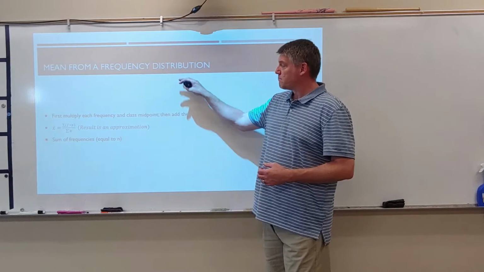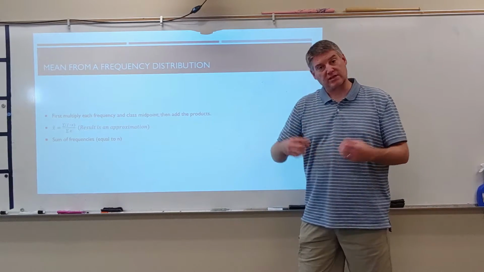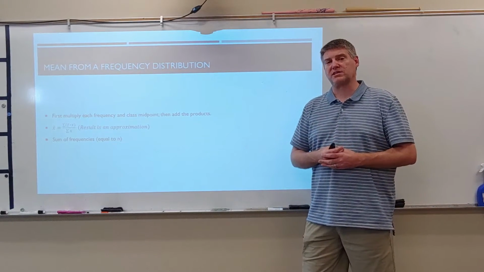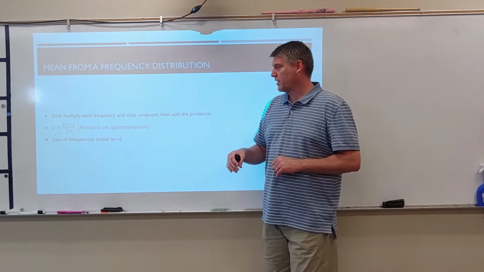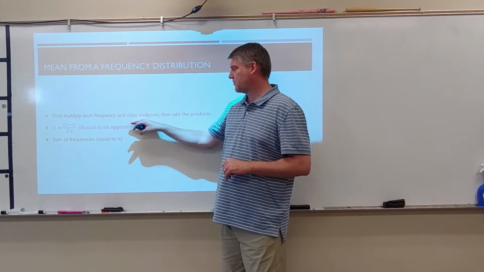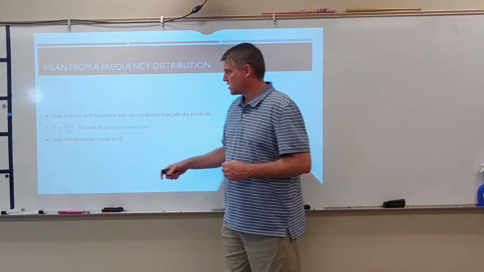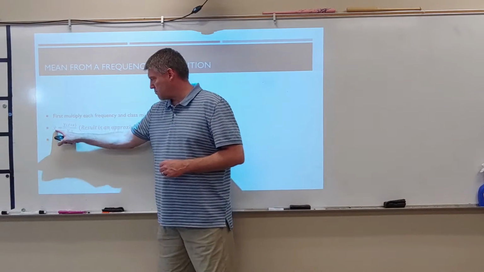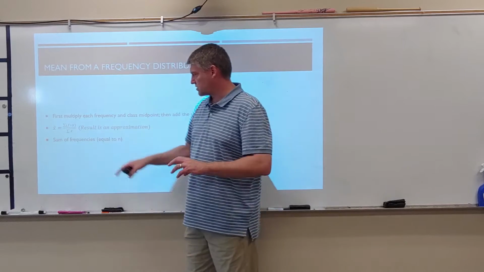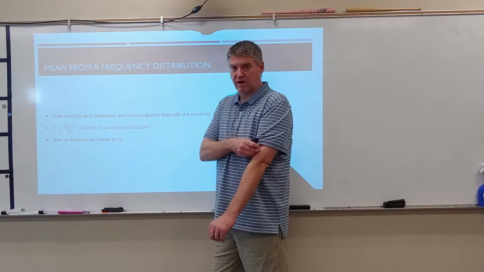Mean from a frequency distribution. Last chapter we talked about frequency distribution. What we're going to do is first multiply each frequency and class midpoint, then add the products. So here we have our mean, which we're getting from our frequency.